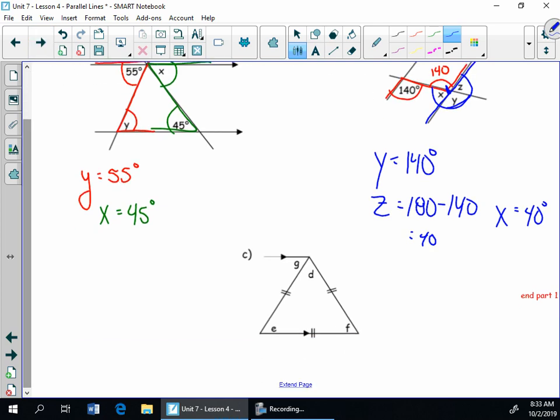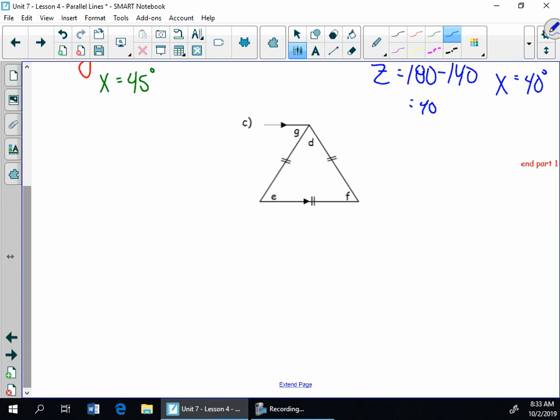I'm going to try the third one here. No numbers at all. How are we going to do this problem? Well, what do I notice? I notice I've got not parallel lines, but equal lines this time. How many equal lines? 3. We said before with isosceles triangle, if you draw lines across from the ones that are equal, those angles have to be equal.